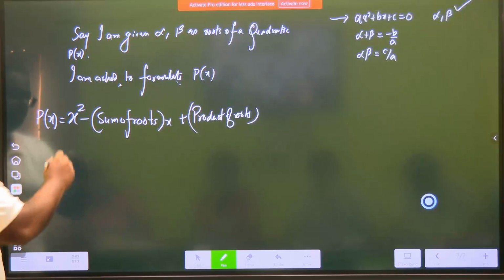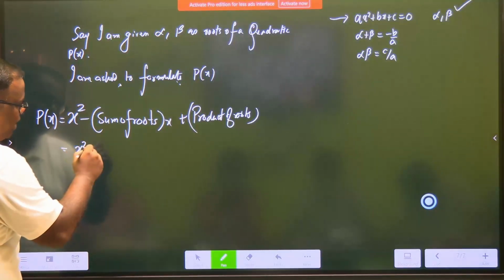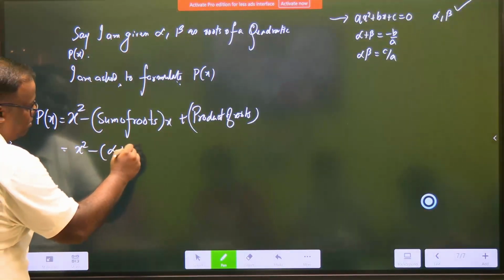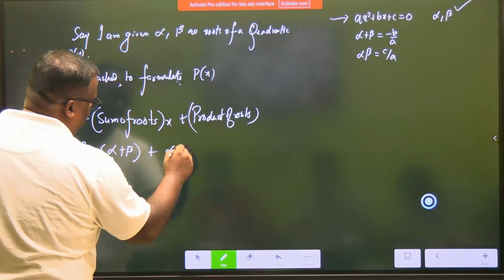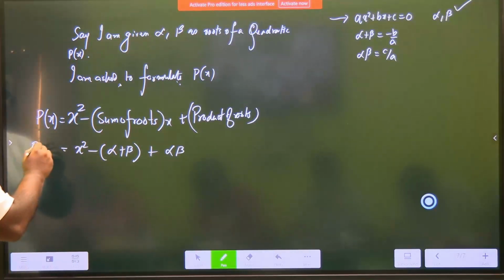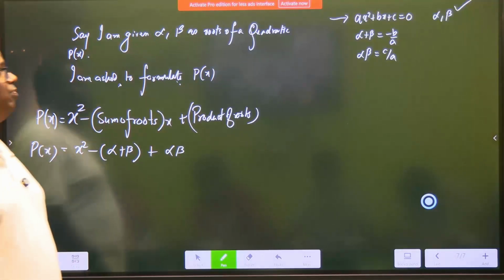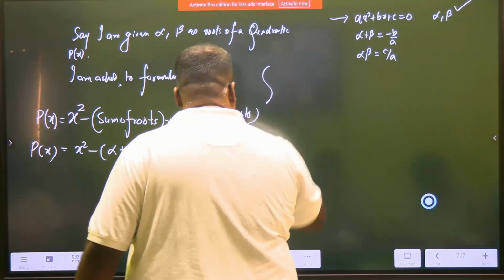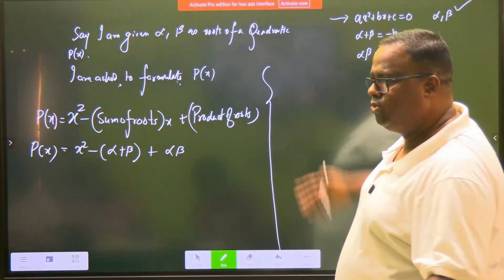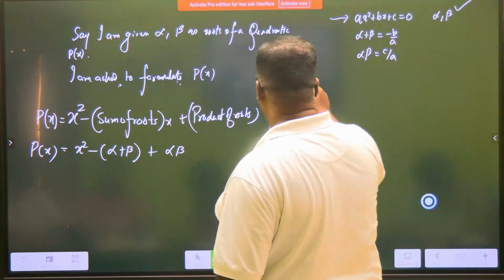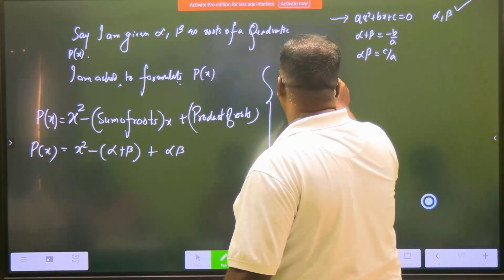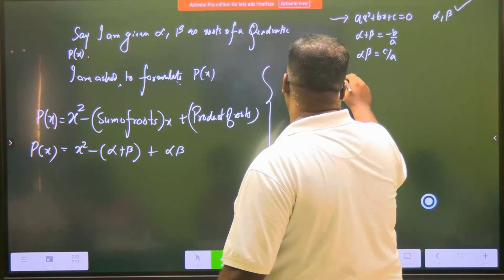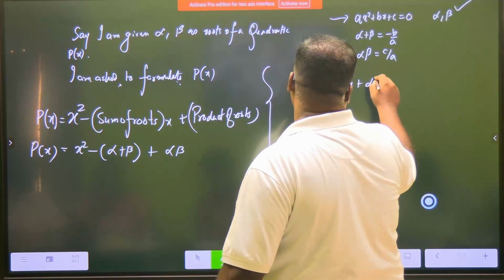इसका मतलब क्या हो गया? देखते हैं. X square minus alpha plus beta plus what? Alpha beta. This is the polynomial. And we will prove it. Don't worry. Let's design the quadratic equation. So our quadratic equation should be what? Polynomial equated to 0. X square minus alpha plus beta x plus alpha beta should be equal to 0.